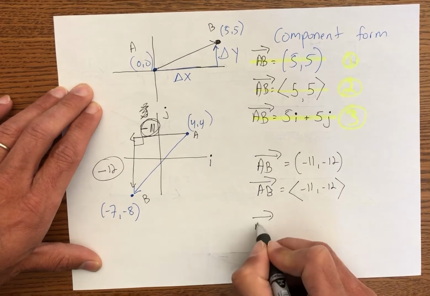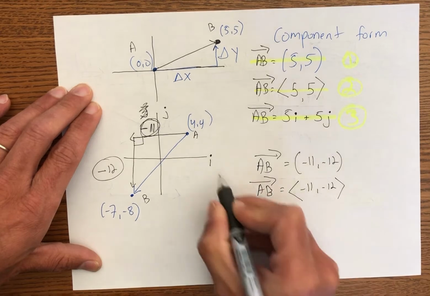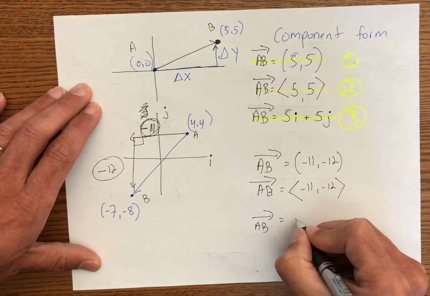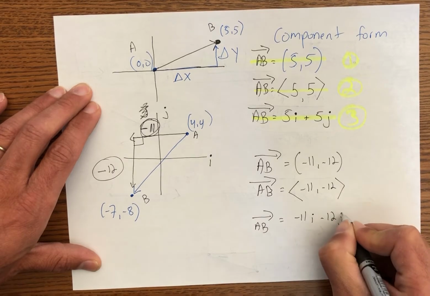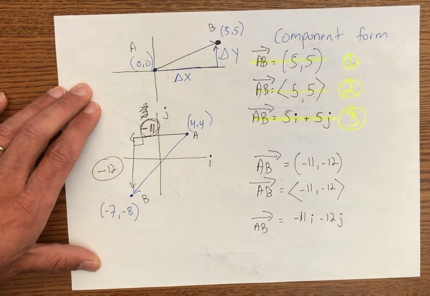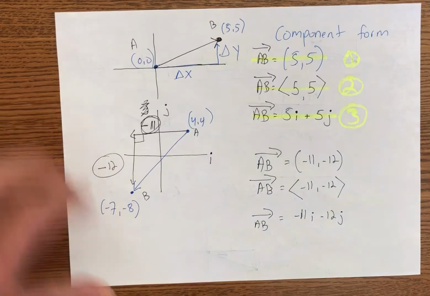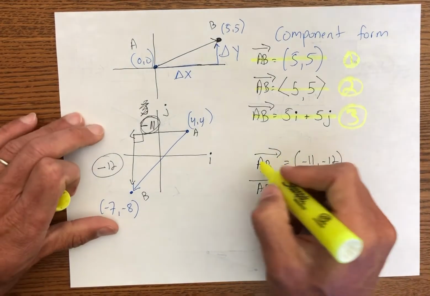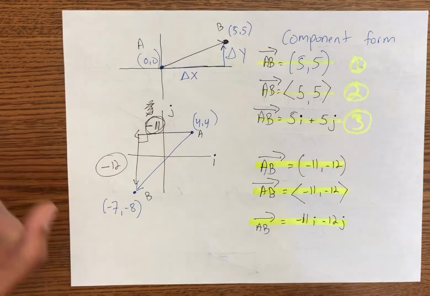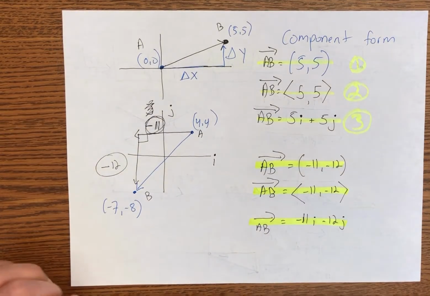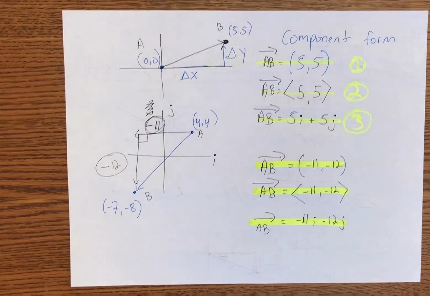Or vector AB on an i and j is -11i minus 12j. All three of these, 1, 2, 3, are exactly the same. This is called component form of a vector.